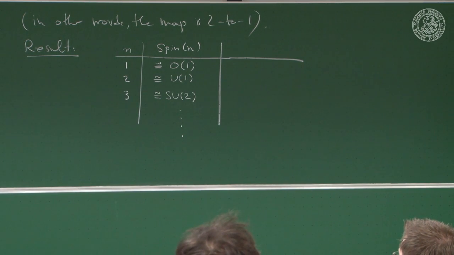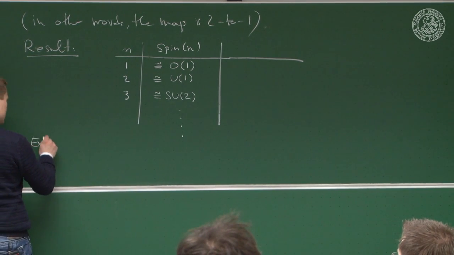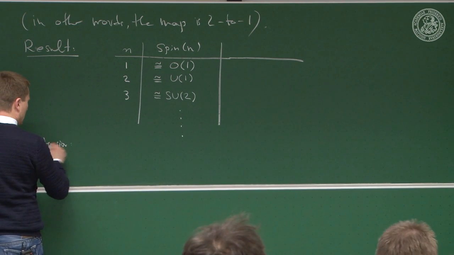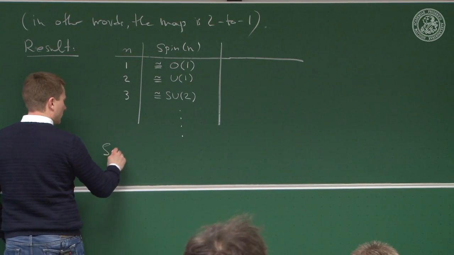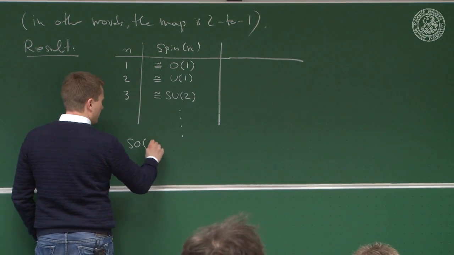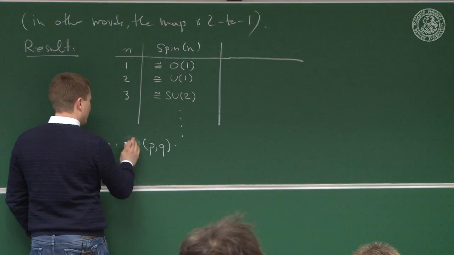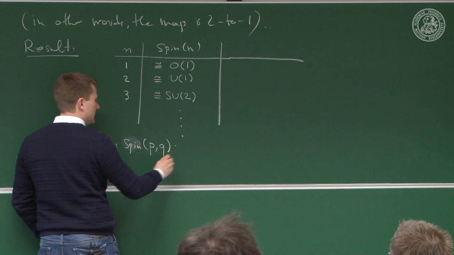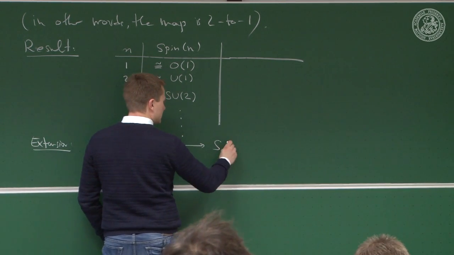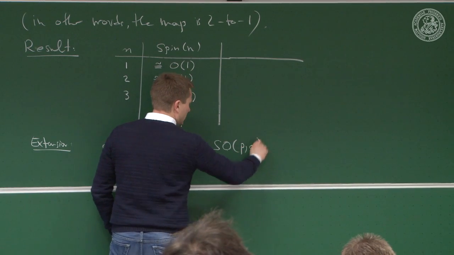Okay. Now I said here that we're looking at SON. However, we could also look at an extension of this idea, a row that goes from SO(P,Q), that defines spin(P,Q), which is a double cover of SO(P,Q).